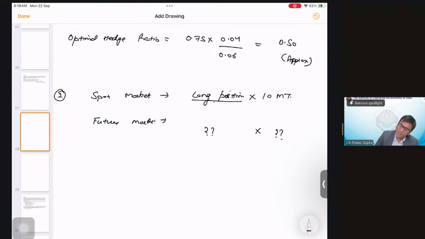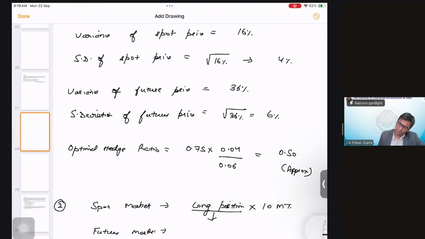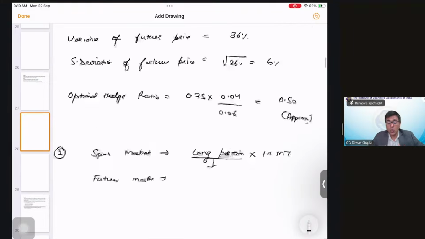If you have a long position in the spot market, which position will you take in the futures market? Buy? No. Already you are in a buying position in the spot market, right? So we will take the opposite position. We will say sell. Yes, we will have to take a selling position. Why? The question comes why.